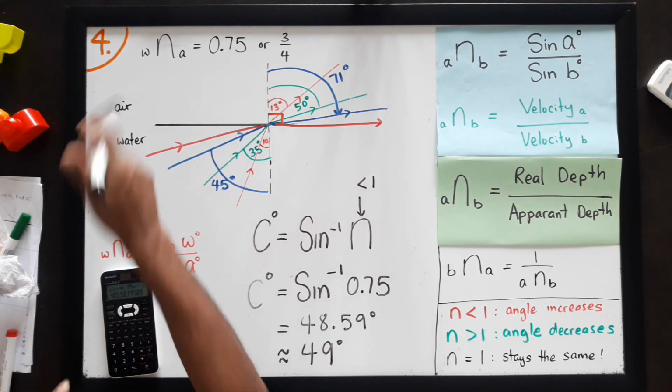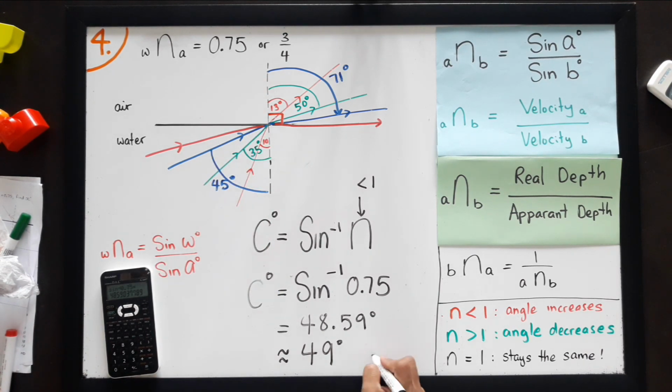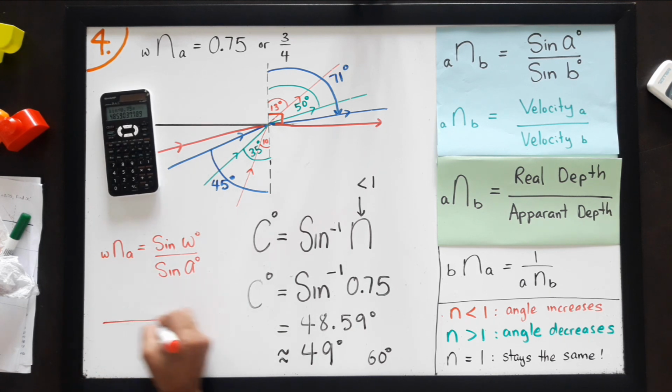And remember the one with the fish? The angle on this side was actually 60 degrees, more than 49. So that is why we got an error. So what happens when we cross the critical angle? Whenever you cross the critical angle, the boundary acts as a mirror. So that means the one with the fish, remember, the fish was at how much? This was the dashed line here.